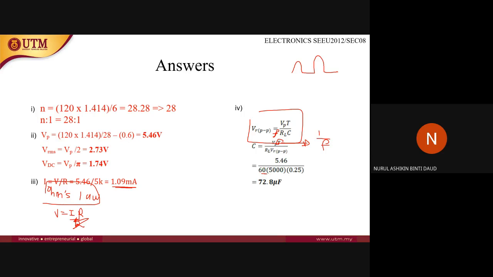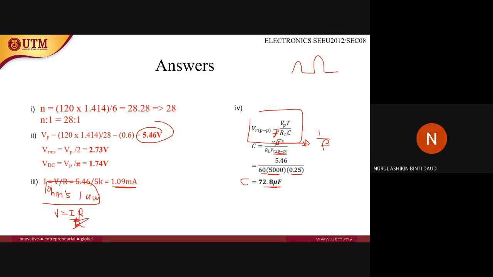T is 1 over F, and VP is 5.46, the value at the output just now. So 5.46 divided by frequency 60, and then 5 kilo ohms, and then 0.25, the VRPP just now. You will get the capacitance value is 72.8 microfarad.